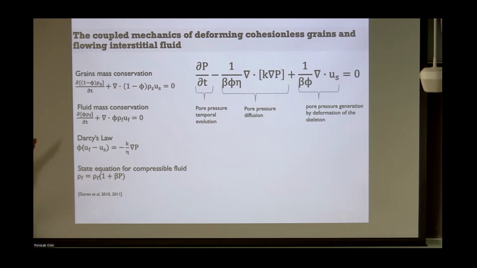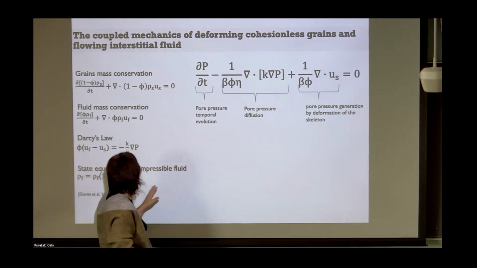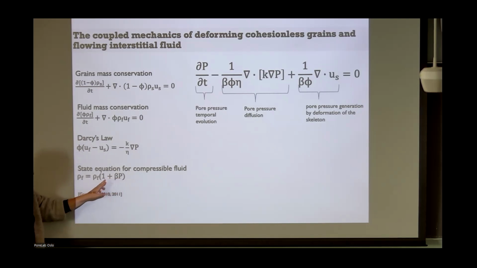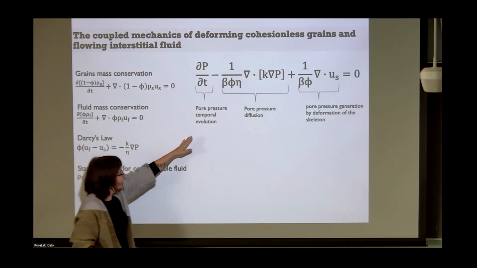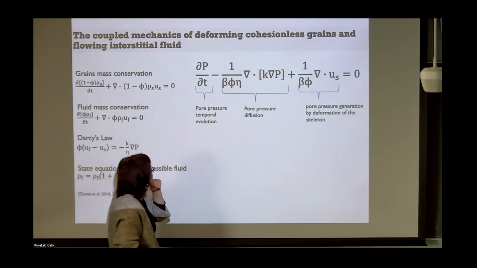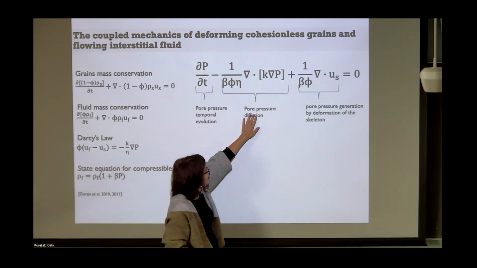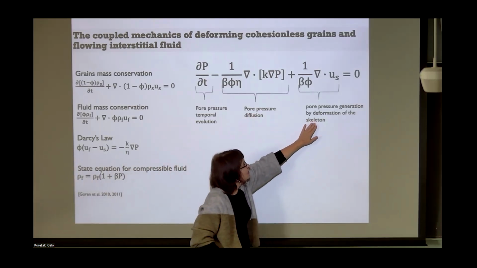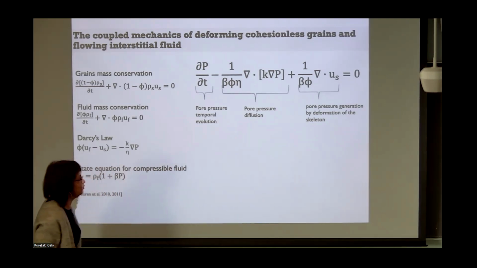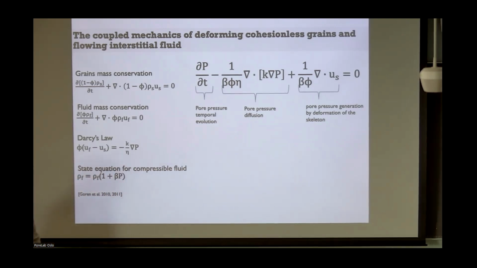When you do some algebraic manipulations, and you assume that beta P is much smaller than 1, you get this equation for the pore pressure: the pore pressure changes with time due to diffusivity of pore pressure. And then there's a source term. The source term is the plastic deformation of the grains.